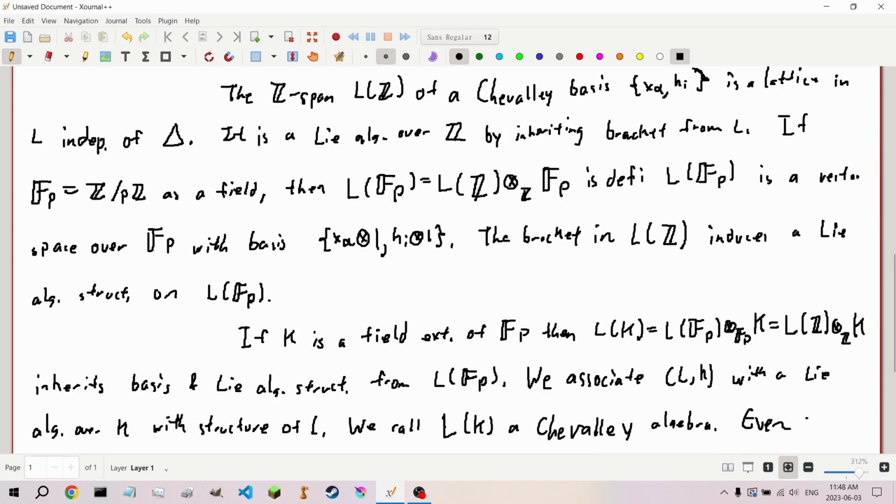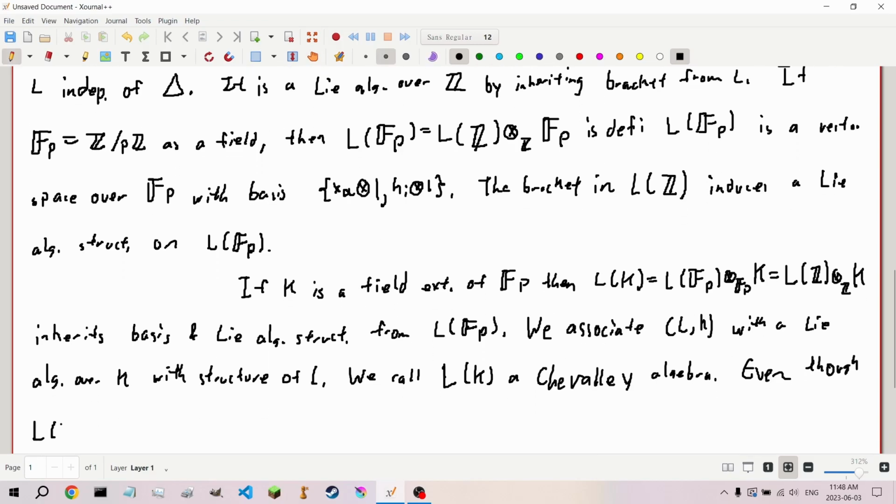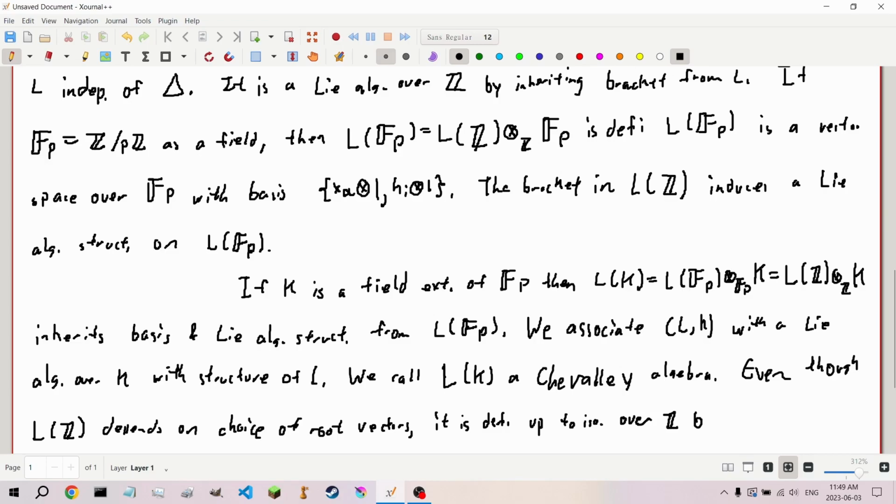Now, even though the structure of LZ ostensibly depends on the choice of root vectors, it is defined up to isomorphism over Z by L alone.